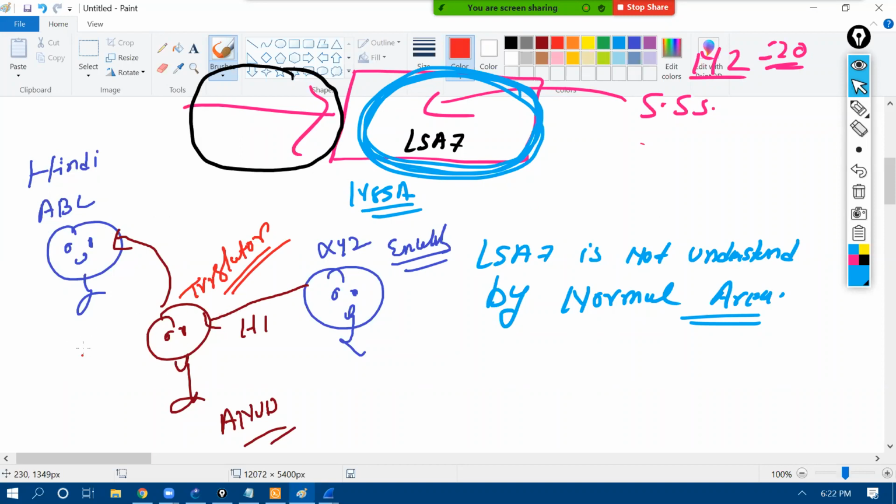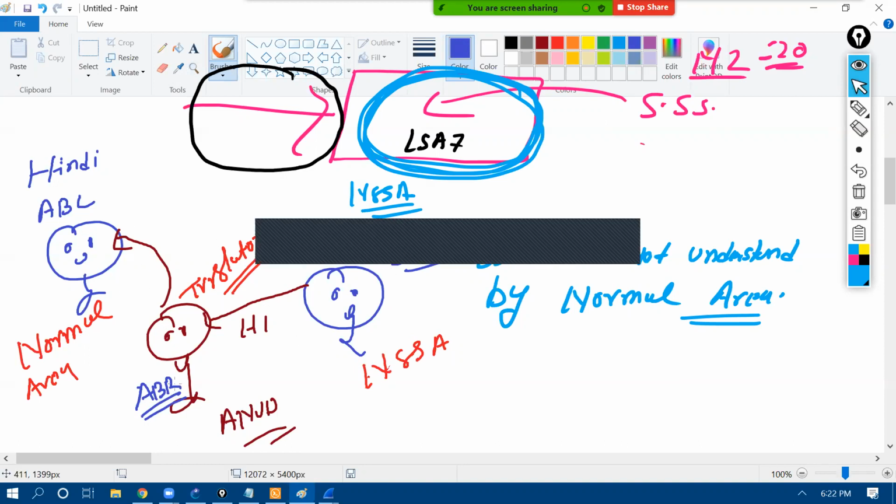So understand it like this: this is the normal area, the normal guy, and this is the smart girl, NSSA, and Anup is an ABR right now, between the connectivity of ABC and XYZ.